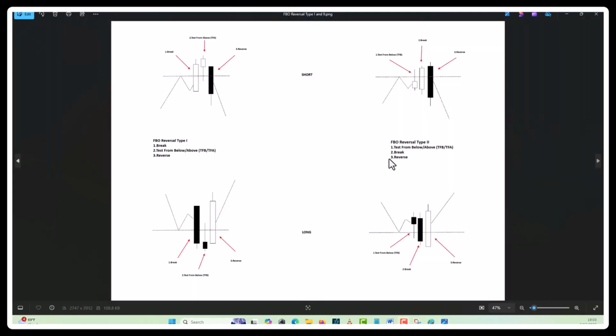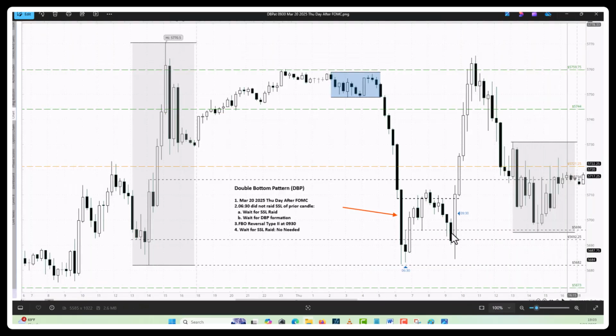Here's the simplified form. We always go back to ourselves. Here's our type 2 reversal right there. I have two type 1 right here and type 2 right here on the right side. Here's the long setup: tap from above, break and reverse. That's what happened right here.